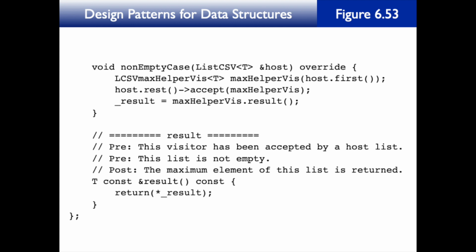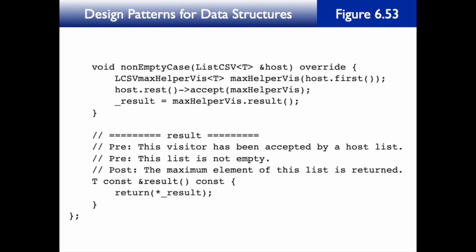And then we call host.rest.accept with max helper viz. So accept takes max helper viz as a parameter, and previously we called the _rest version, the _rest of the helper. So this time we access that by saying host.rest. And because this is a method that returns a value, what we do with that is we set our _result to max helper viz.result.